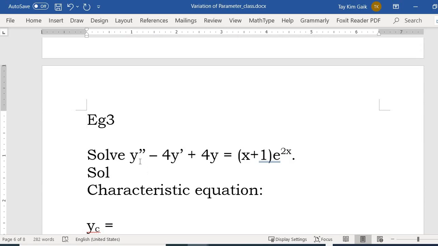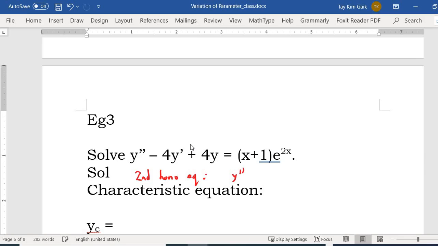Okay, the third example, solve y double prime minus 4y prime plus 4y equal to x plus 1 bracket x plus 1 multiply exponent 2x. So similarly, first of all, get the second order homogeneous equation by letting the right hand side equal to 0.